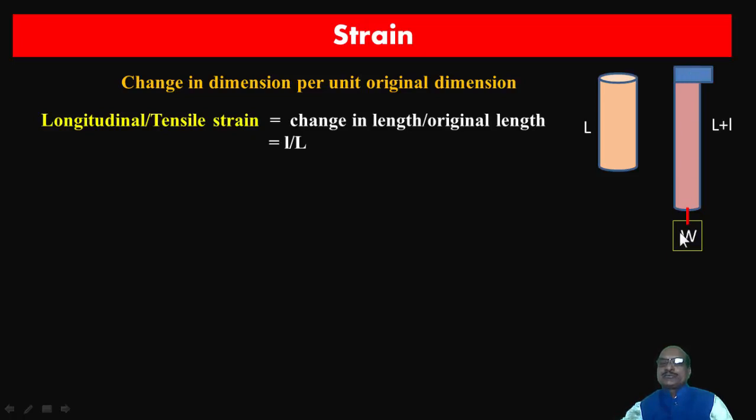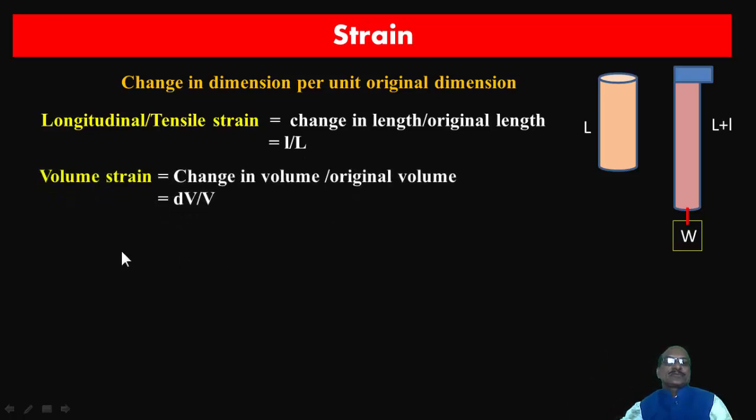Suppose that due to this weight W, there is a change in length, or the new length of this rubber tube will be L plus small l. Then the change in length due to the deforming force, which is nothing but the weight applied at one end, will be L plus l minus capital L, or the change in length is nothing but small l. So we define the longitudinal or tensile strain as small l upon capital L. This is a dimensionless quantity.